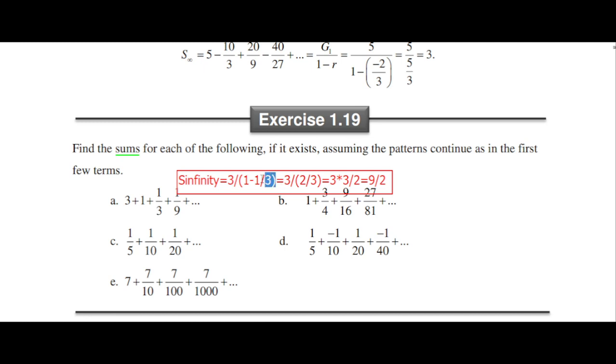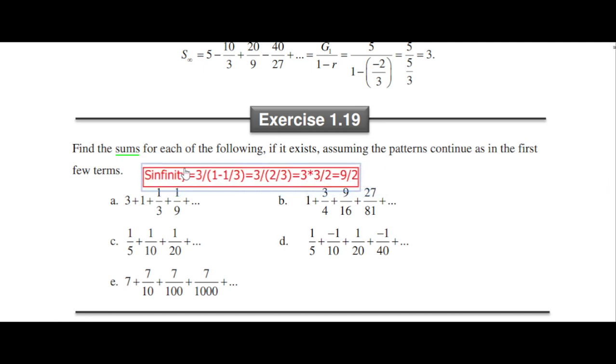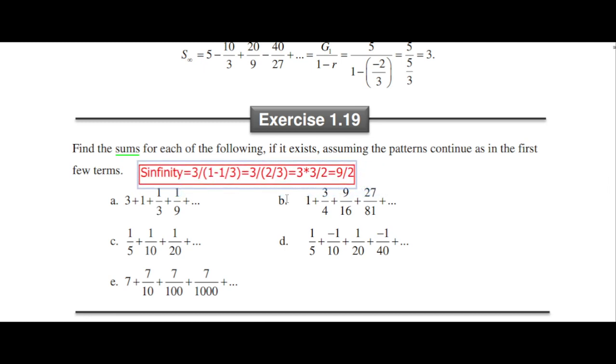Let's see question B: 1 plus 3 over 4 plus 9 over 16 plus 27 over 81. The first term is 1. The common ratio is this divided by 1, 3 over 4.